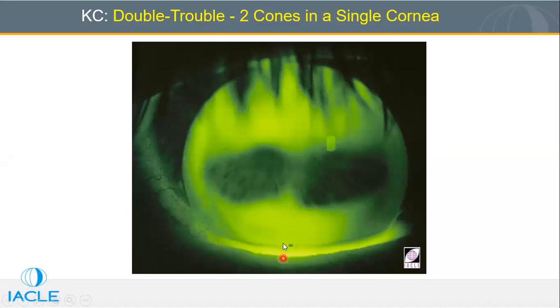This cornea is having a double cone. Normally in a keratoconus cornea you have only a single cone. The single cone could be a nipple cone, oval cone, or globus cone. But you can also come across a keratoconus cornea which could have a double cone. It is very rare, but this is also one of the possibilities.